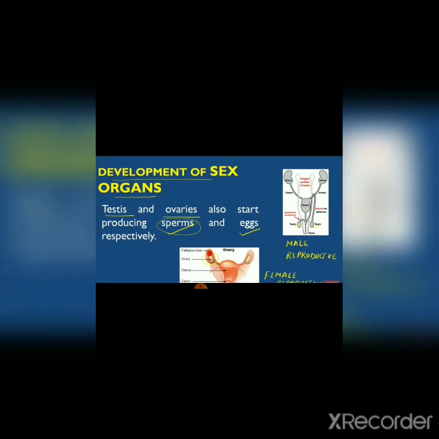So till here we have completed the changes mostly seen at the puberty, or development of the sex organs, changes in body shape, Adam's apple, and we have discussed about the height, isn't it?